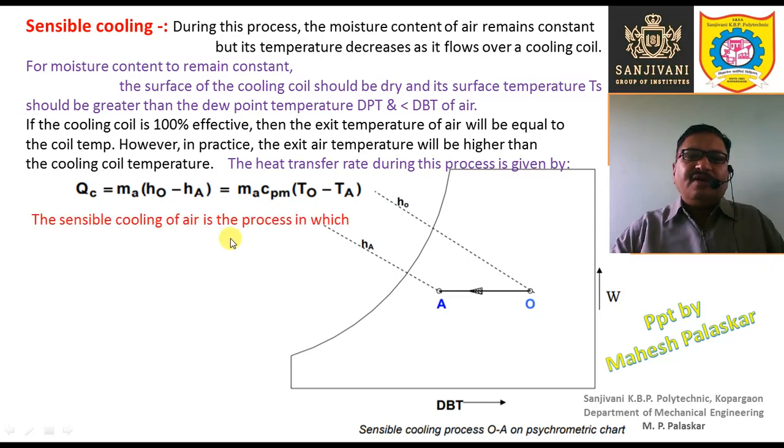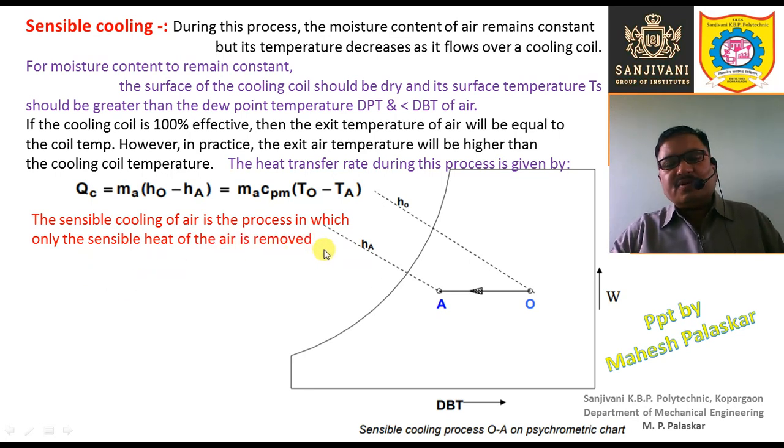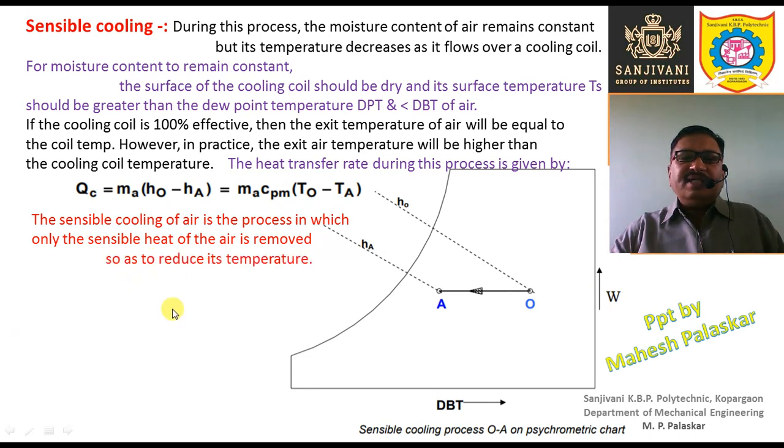The sensible cooling of air is the process in which only the sensible heat of the air is removed. Only sensible heat is removed. Latent heat is not removed, right. Therefore the specific humidity remains constant. Only the temperature is reduced, that is the dry bulb temperature is reduced.